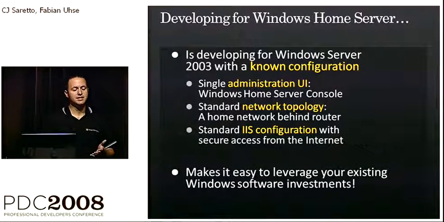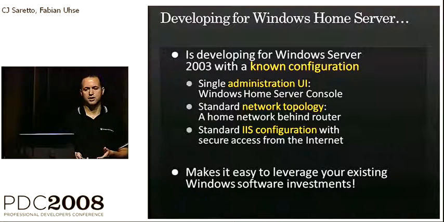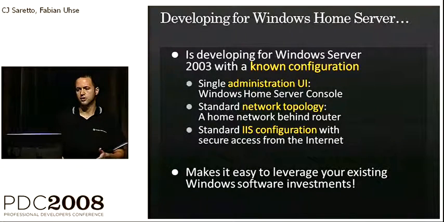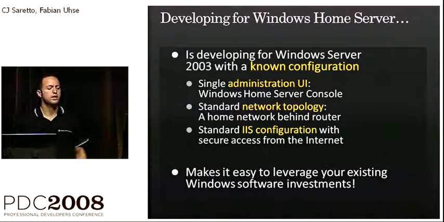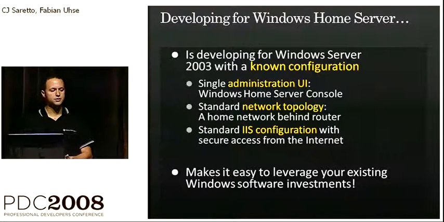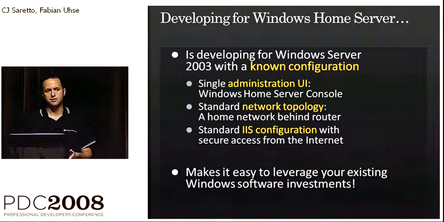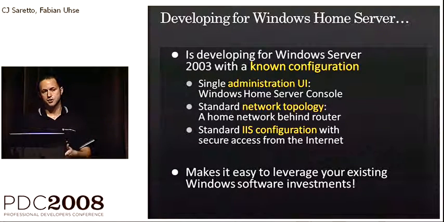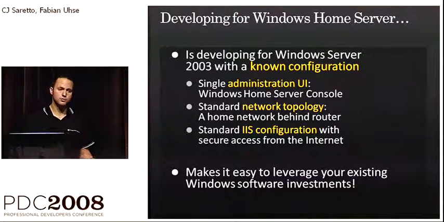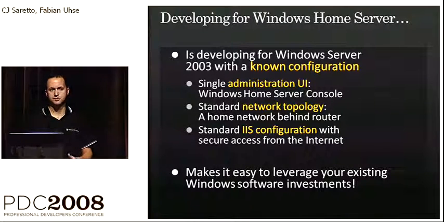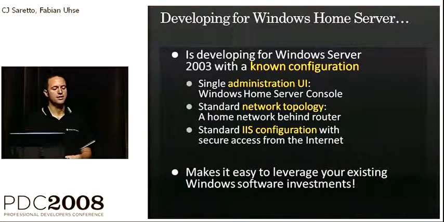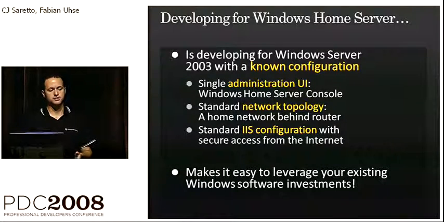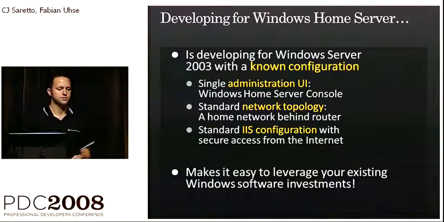Windows Home Server is generally in a very standard network topology. A home network is a fairly standard thing, usually a bunch of computers behind a router. And Windows Home Server includes IIS, which is configured by default in a standard configuration. So when you're actually putting that web service up on Windows Home Server, you know exactly where you should place the service, how IIS is going to be configured, and that makes it easy to develop web services or websites on Windows Home Server.